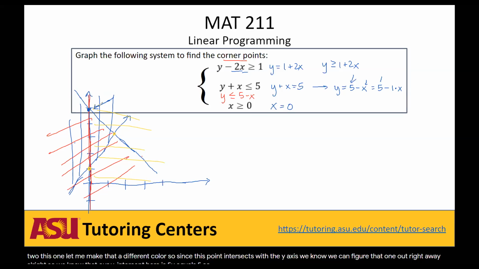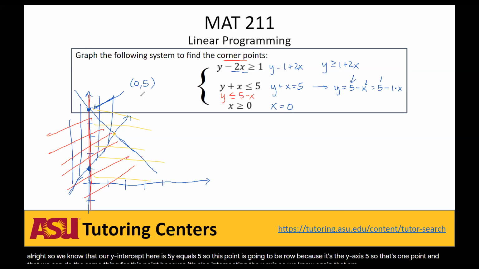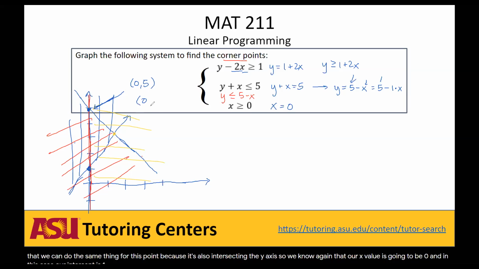So this point is going to be 0, 5 because it's the y-axis. So that's 1 point. And then we can do the same thing for this point because it's also intersecting the y-axis. So we know again that our x value is going to be 0. And in this case, our intercept is 1. So we know that this point will be 0, 1.